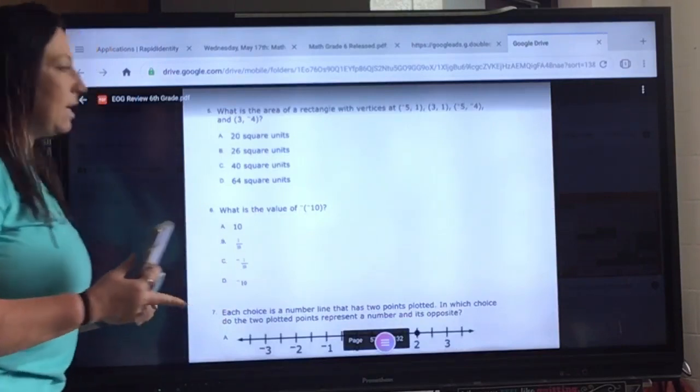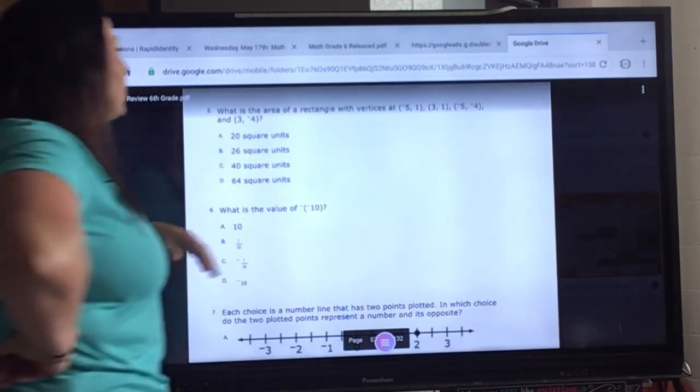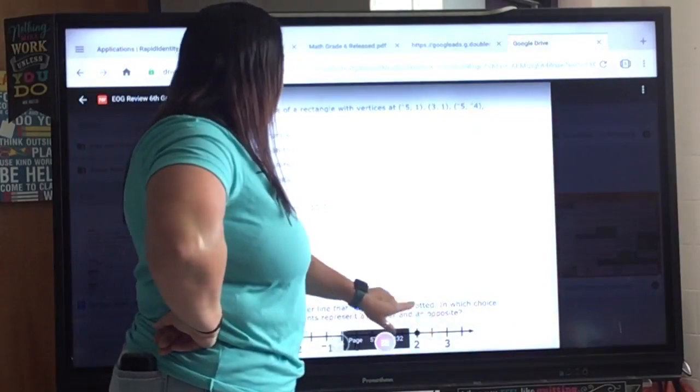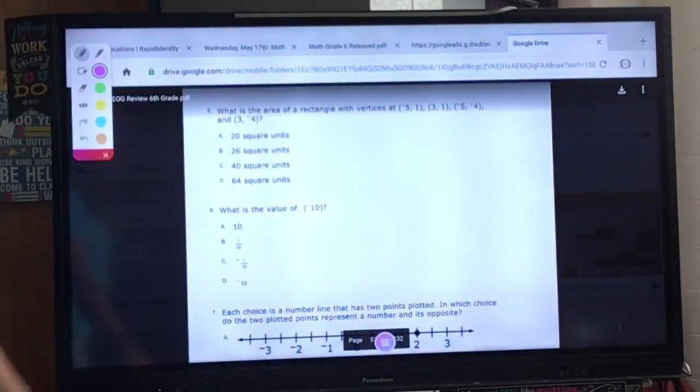So this question says, what is the area of a rectangle with vertices at (-5, 1), (3, 1), (-5, -4), and (3, -4)? What's important in this question? Kaylee, what's important in the question?